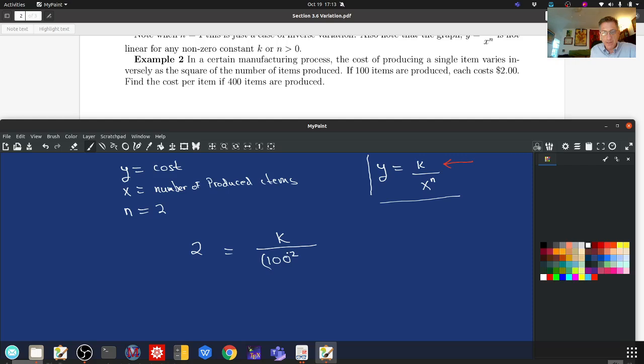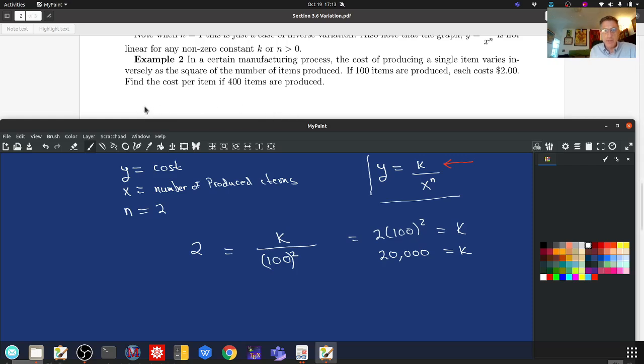Notice that's 100 squared. So that means 2 times 100 squared is equal to k. I'm just solving for k here. So that means k is equal to 20,000. So we always find the value of k.